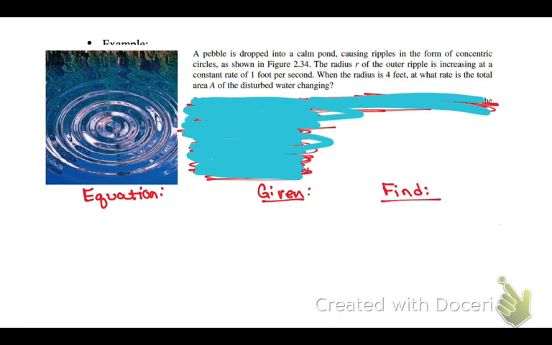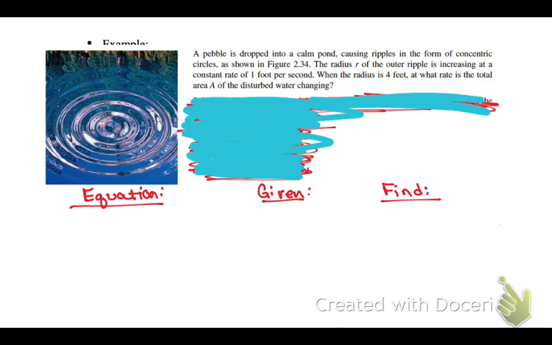So we're talking about what shape? We're talking about the circle. And what of a circle? The circumference, the area. I never heard the word circumference in there. Area. So what is the area of a circle? Area equals pi r squared.